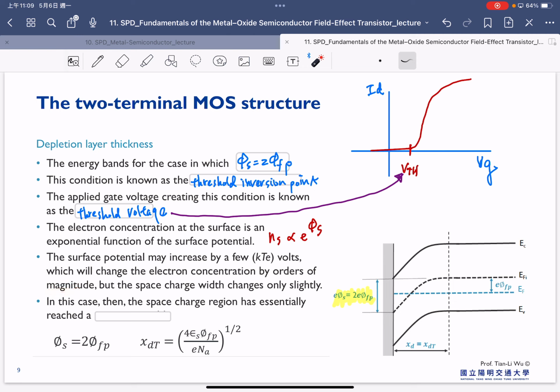So once we increase by a few volts, this is an exponential increase. That means our concentration increases very fast, as shown in this equation. So in this case, the space charge region has essentially reached a maximum width.